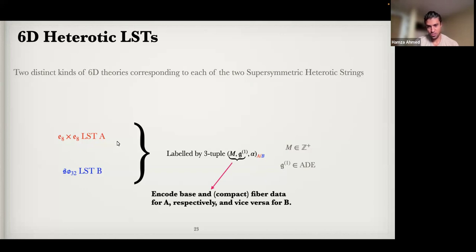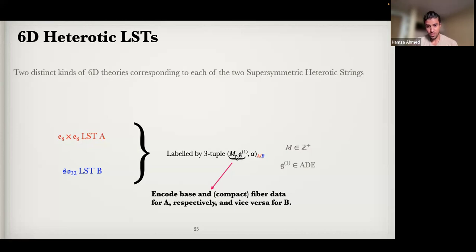And in particular, what's interesting about these two theories and what relates them is the fact that M and G encode the base and the compact fiber data for LST A, whereas it's reversed for LST B. So in that case, even though it's maybe unintuitive, G encodes the base data, whereas M encodes the fiber data. And this is what makes them T-dual, in physics what's known as fiber-base duality.